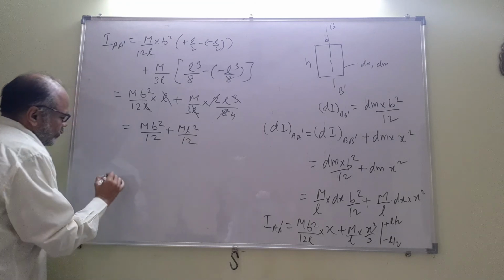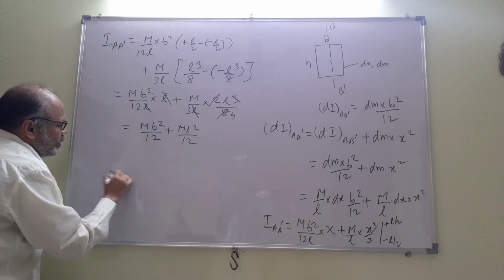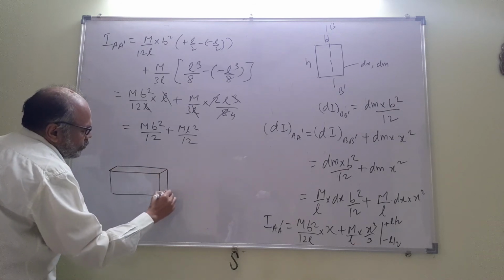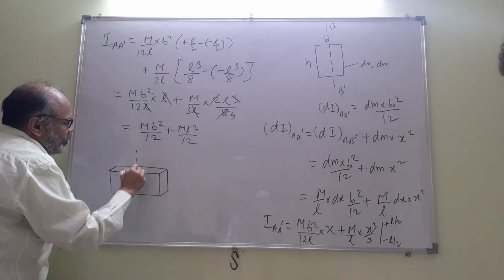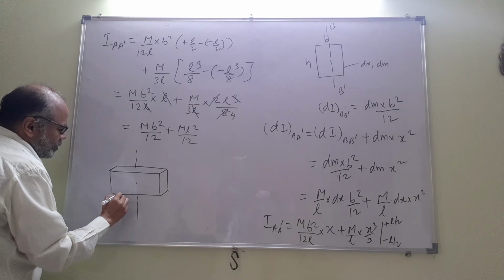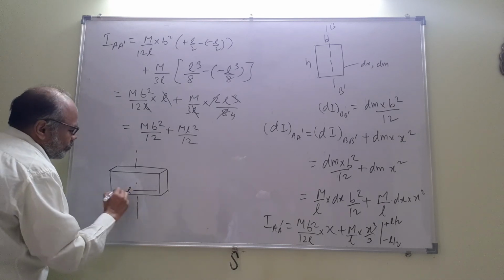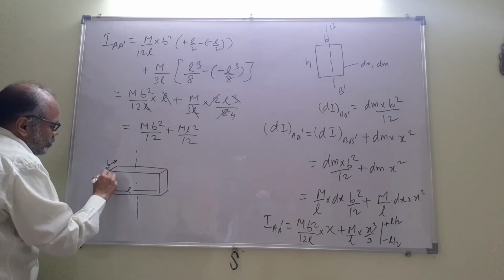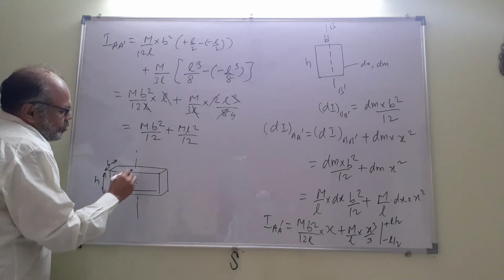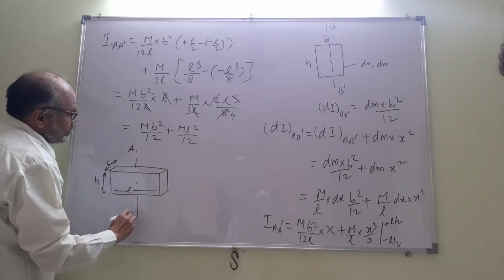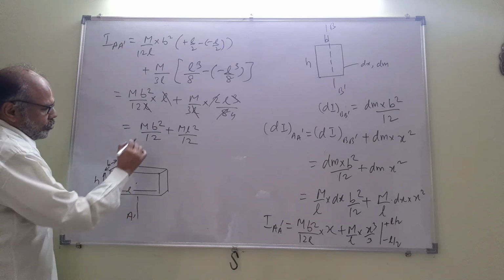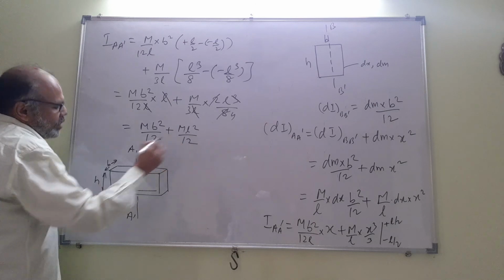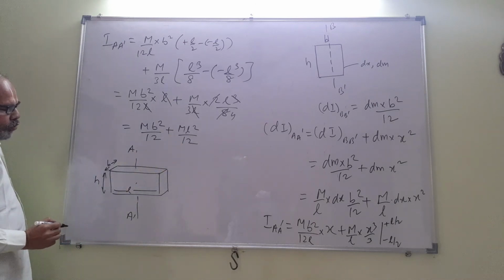So if you had a cuboid like that, where this is L, this is B, and this is H, the moment of inertia about this axis AA dash turns out to be mb squared by 12 plus mL squared by 12.